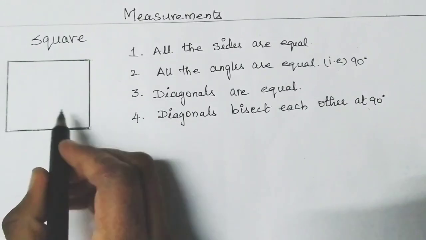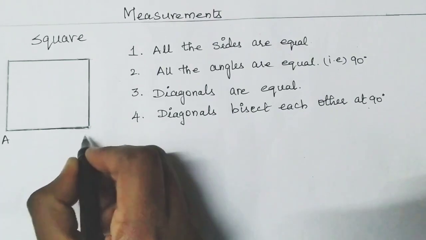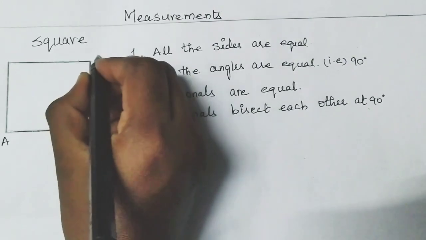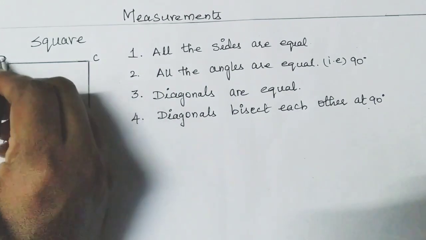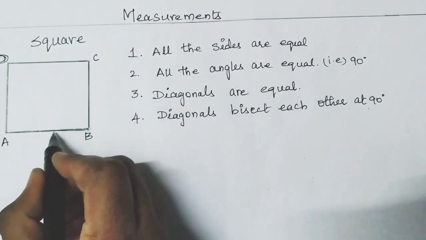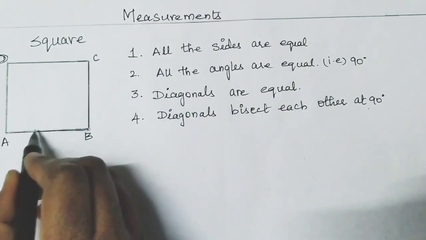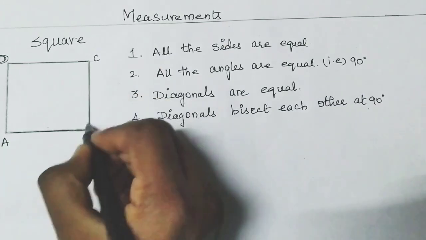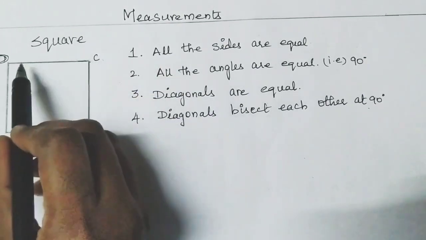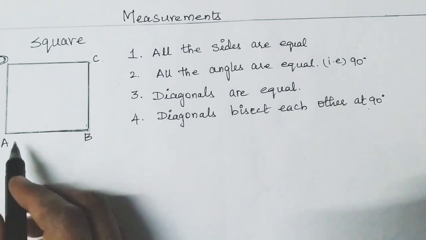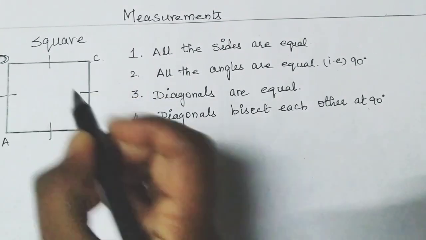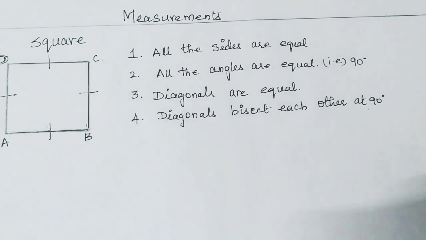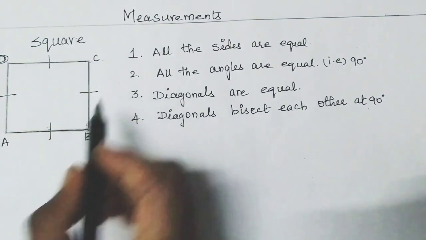So, square. We'll name it as A, B, C and D. So it has four equal sides, AB, BC, CD and DA. So all the four sides are equal and opposite sides are parallel.